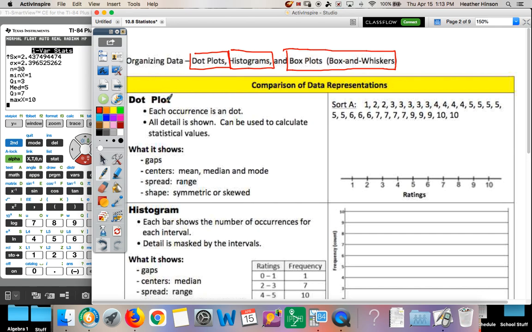Our dot plot. We're going to draw each occurrence in a dot. So every occurrence you have here, you're going to put a dot on your graph. We have a 1, so I'm going to put a dot for 1.